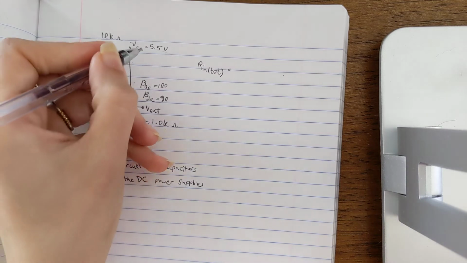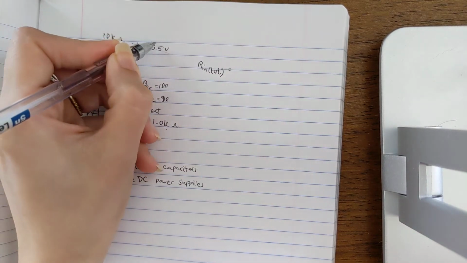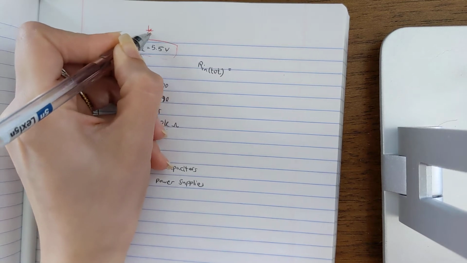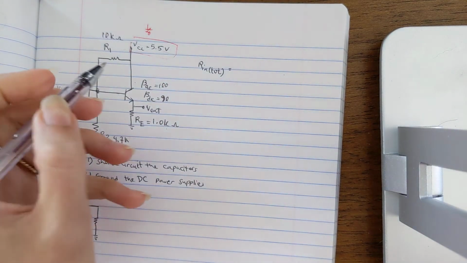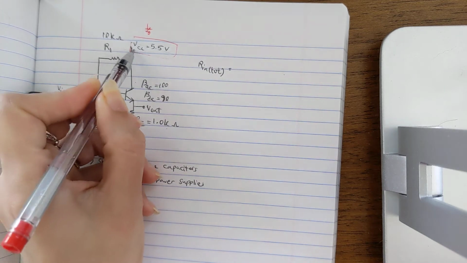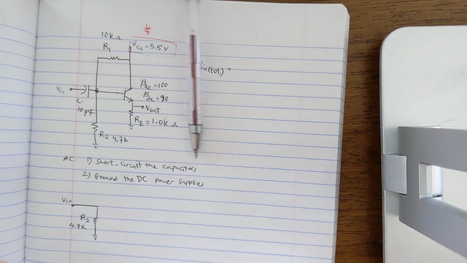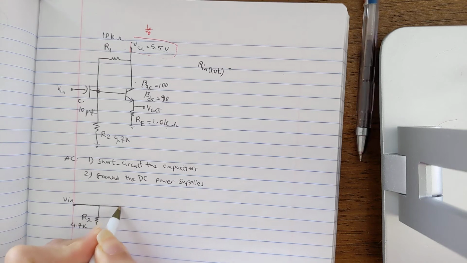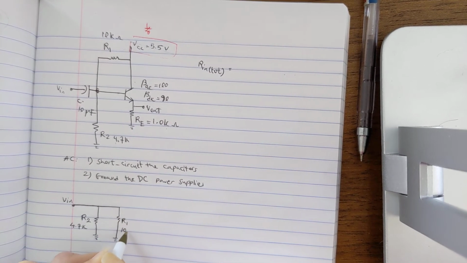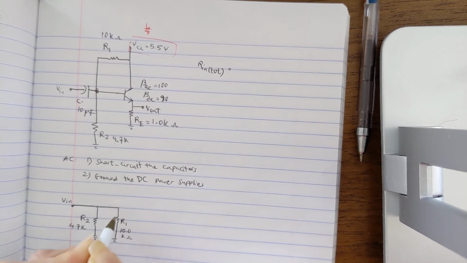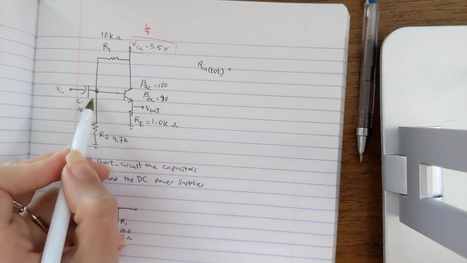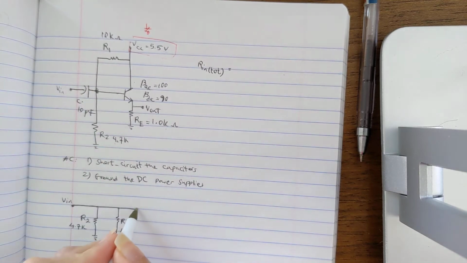Then if we ground this power supply here, make it 0, then it is as if R1 goes from the base to the ground as well. So we can just make it parallel to R2. R1 is 10 kilo ohm. We are done with the base now.